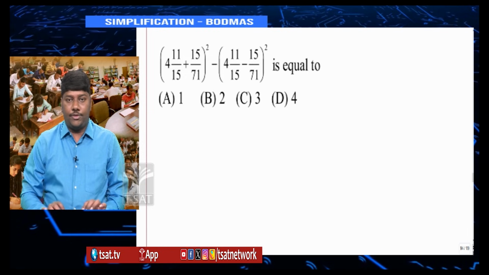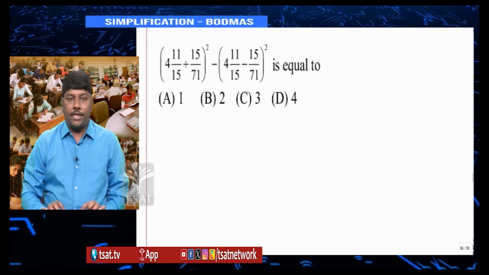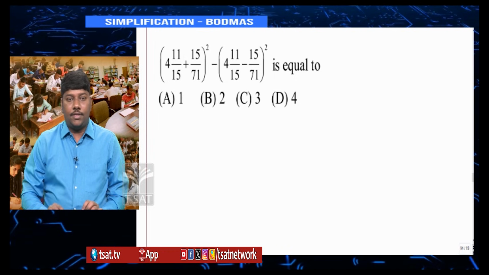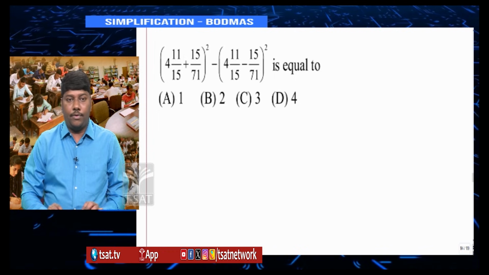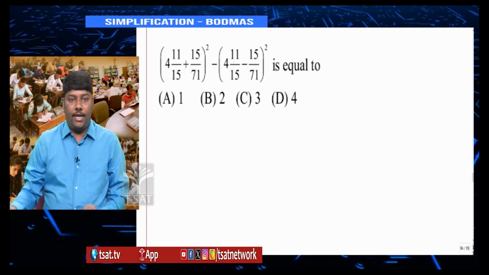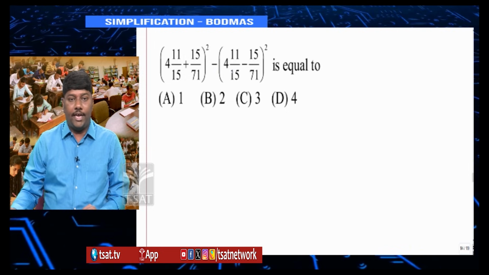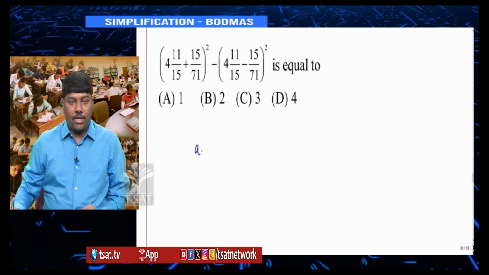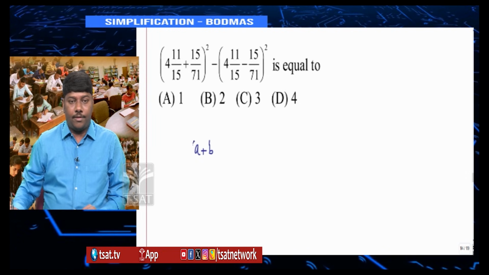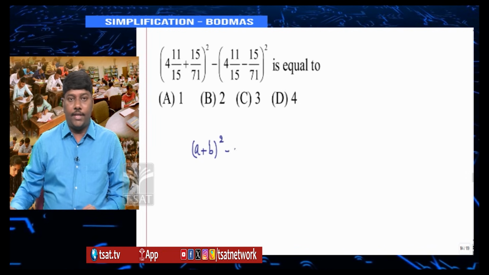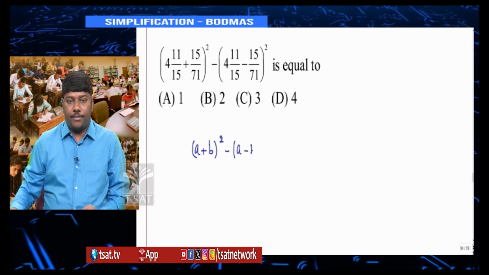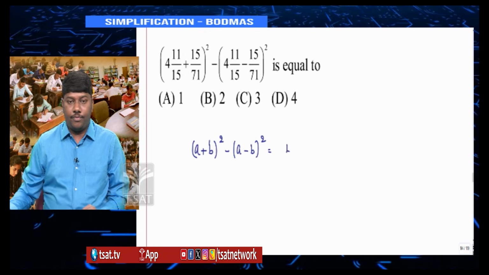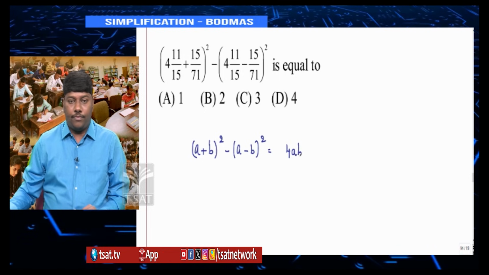Now, look at the problem based on this. Now, look at the fractions given. 4 11 by 15 plus 15 by 71 whole square. It is in the form of simply a plus b whole square minus a minus b whole square. Just now we have seen a plus b whole square minus a minus b whole square is equals to 4ab.